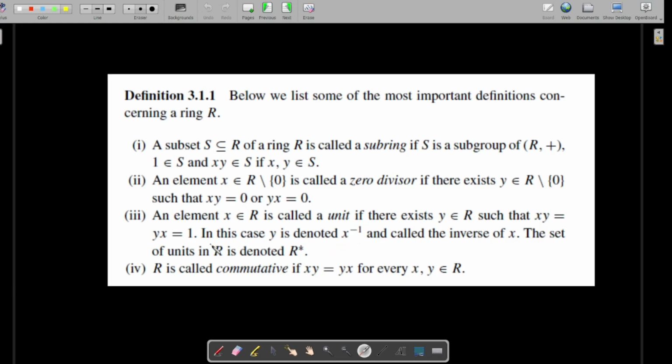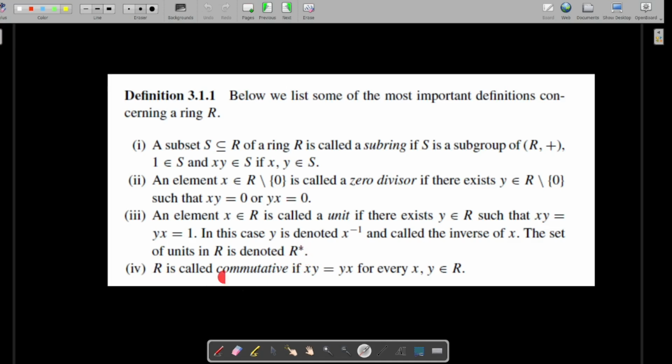So an element in R which has an inverse is called a unit in R. A ring has no condition that every element must have an inverse with respect to multiplication. There is no such condition. And the set of all units in R is denoted by R star.